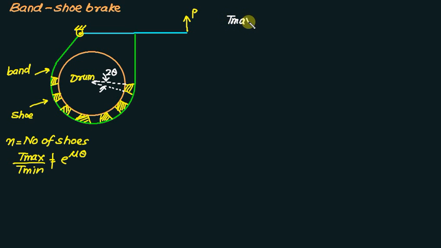T max divided by T minimum equals 1 plus mu times tan theta upon 1 minus mu tan theta.